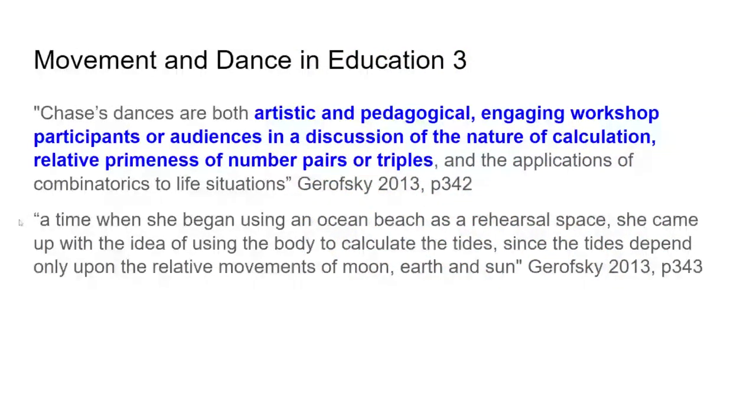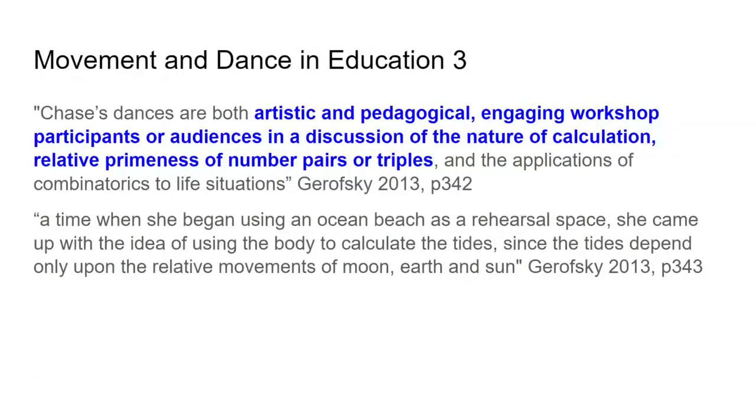Here we have a reference by Gorofsky to a dance educator who basically moves into dance and gets people dancing mathematics. It initially feels a bit more like calculation and arithmetics, but she profoundly gets people dancing mathematical relationships.